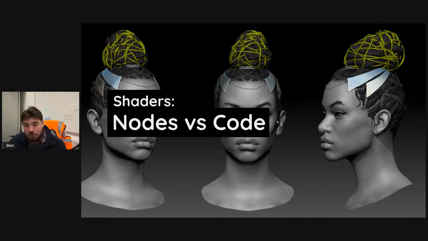So hopefully that's given you a whistle-stop tour of some computer graphics stuff, why we use shaders, and some interesting things about passing stuff into shaders and so forth. There's two main ways of creating shaders. There's graphical ways of using nodes, and then there's a more imperative way of using code.